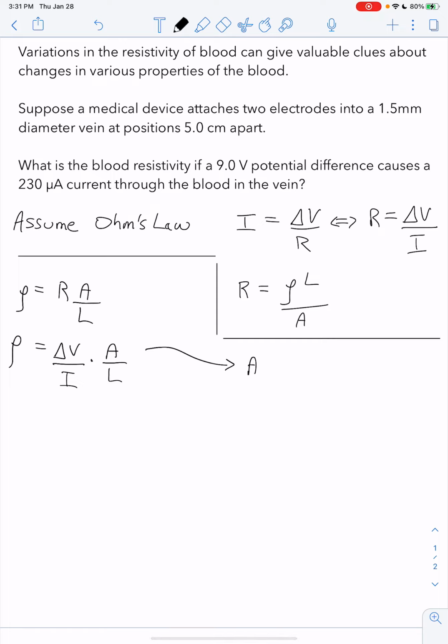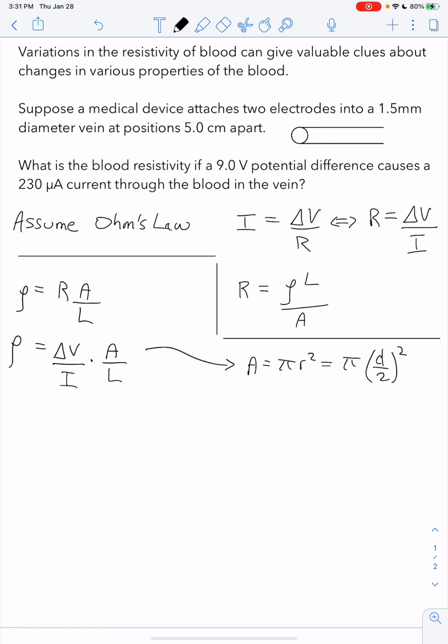So the area is going to be, what's pi r squared, and in this case we're given the diameter, so it's the diameter divided by 2 squared. It's going to give us the area because this is a vein. So right, we're going to have a situation where it's like this.